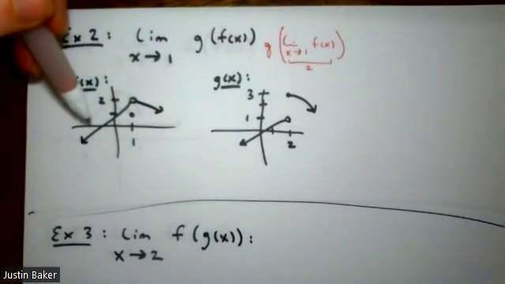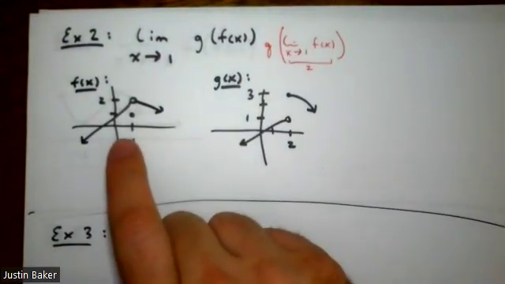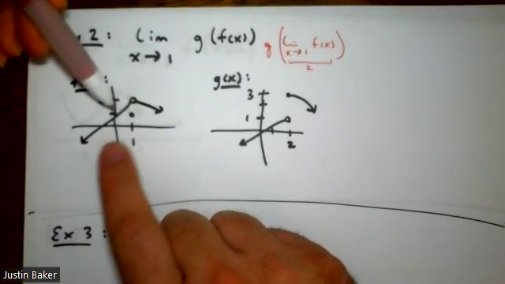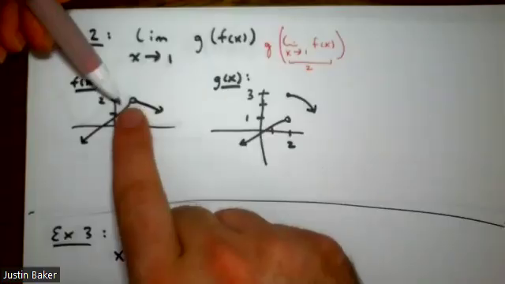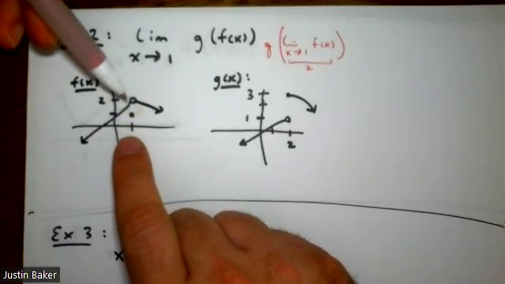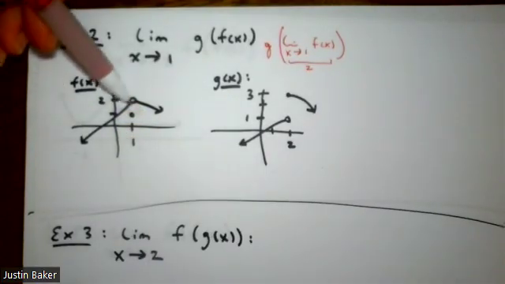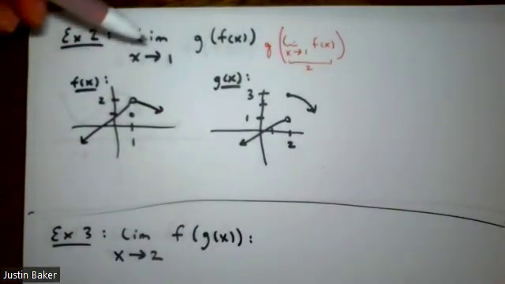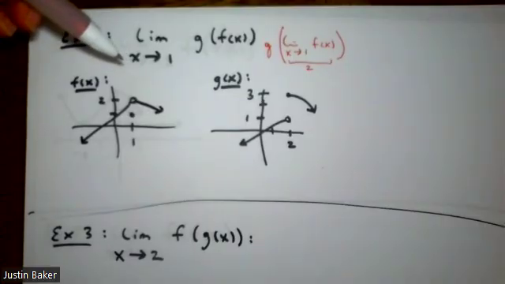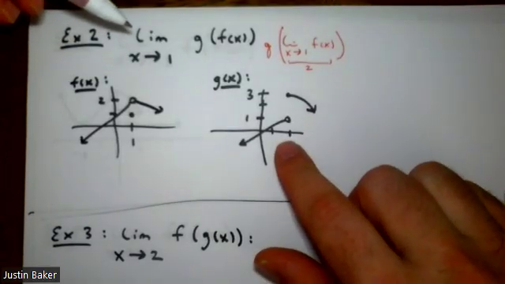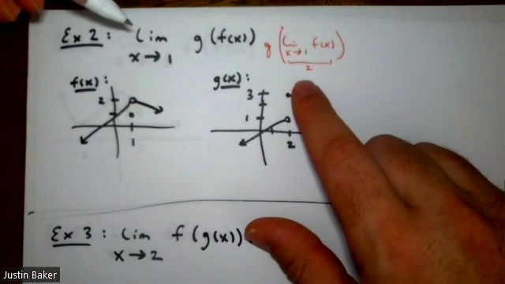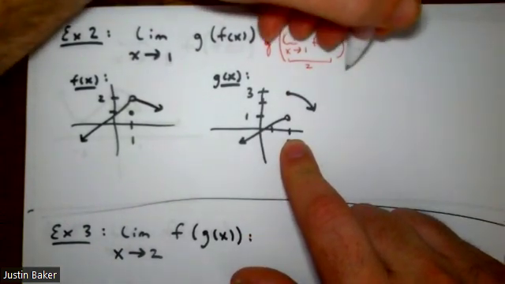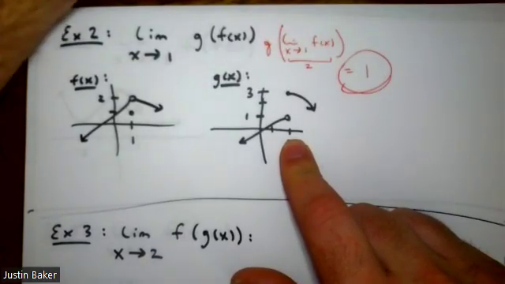Now there's a secondary rule. When we go back to this original graph, if both sides of the graph are underneath the value that it's approaching, let me say that again, if both sides are underneath, below the value it's approaching, it's equivalent to saying from the left. So as we approach 2 from the left, this is going to give us a result of 1.